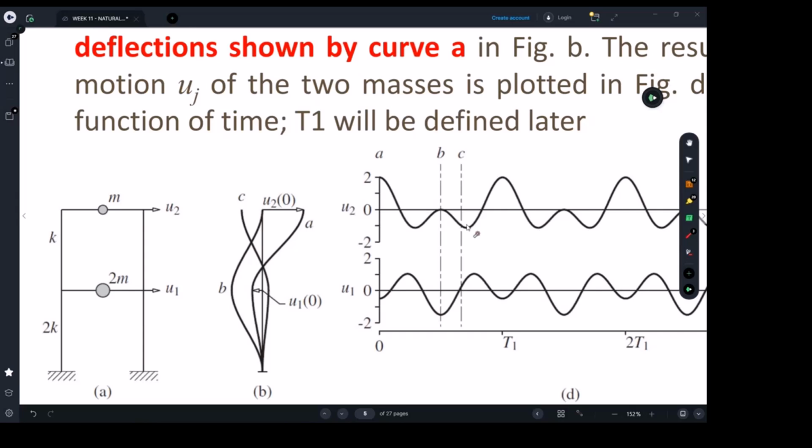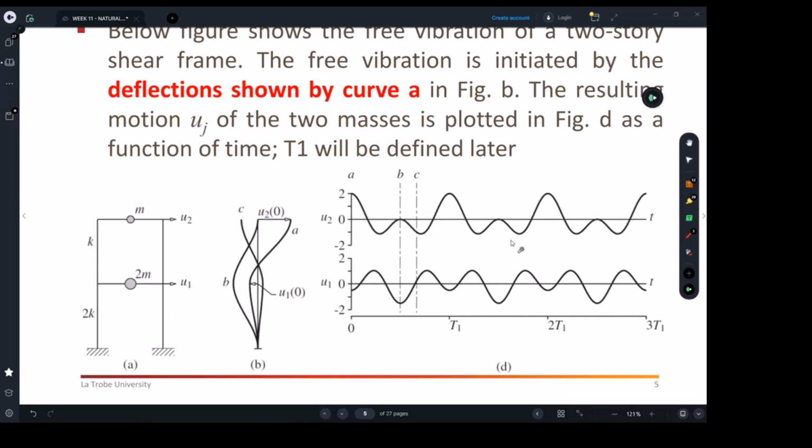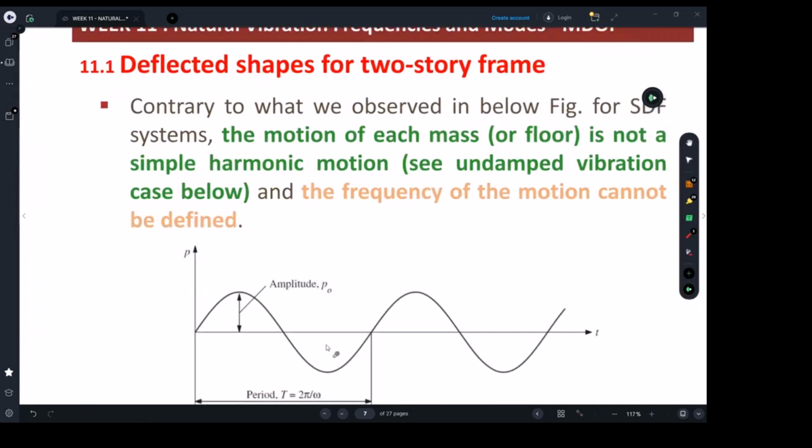If you keep going a bit more with time, your second floor is a bit negative, then the first floor is a bit positive. The point is, there is no harmonic motion, something like what we experienced, just let me show it to you here. That's exactly what I want to show you.